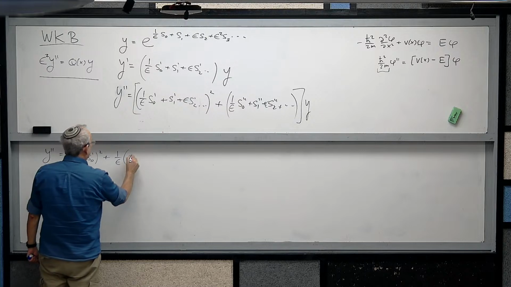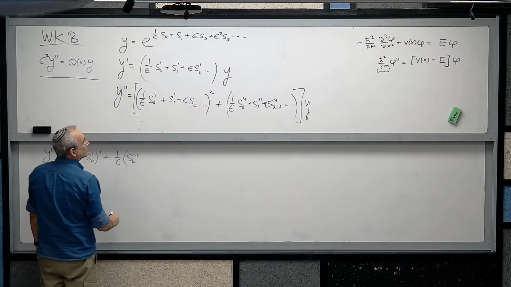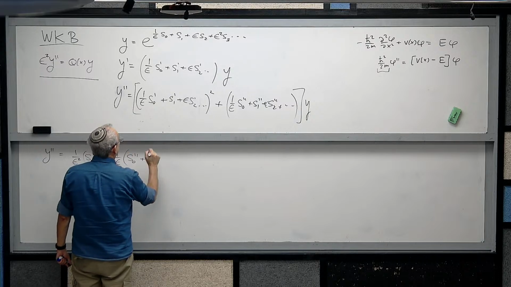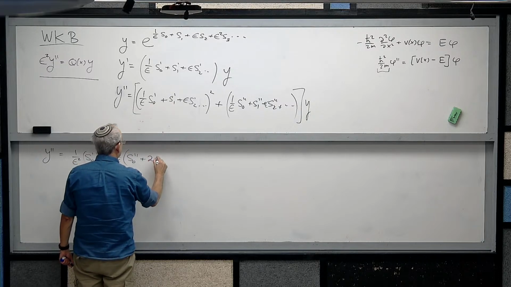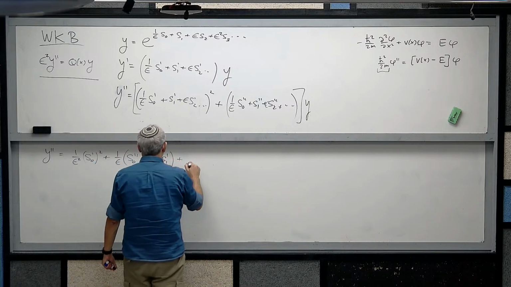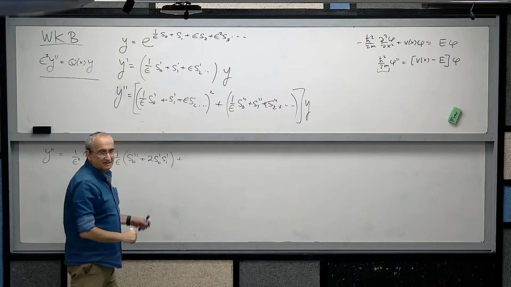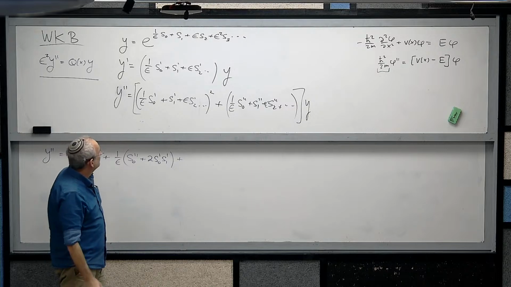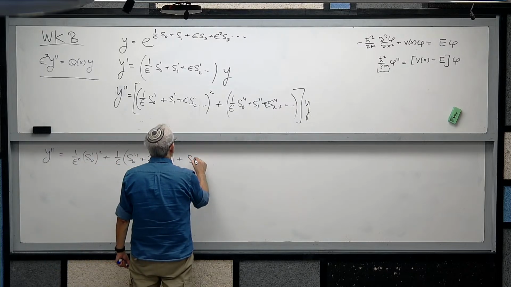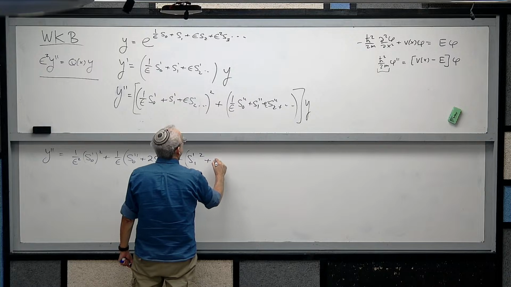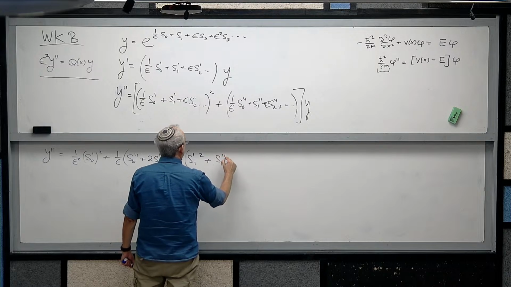S naught double prime plus S naught prime multiplied by 2 S1 prime. What will be the next term? The next term is order 1, and this will be S1 prime squared plus S1 double prime plus S0 prime S2 prime.